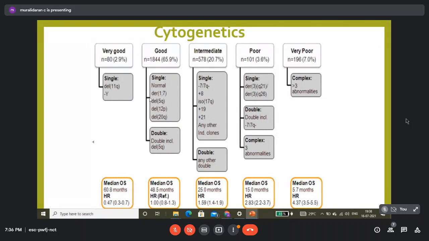In the very poor group we see more than 3 abnormalities. We can see that the corresponding median survival decreases as the cytogenetics progress towards the very poor category.